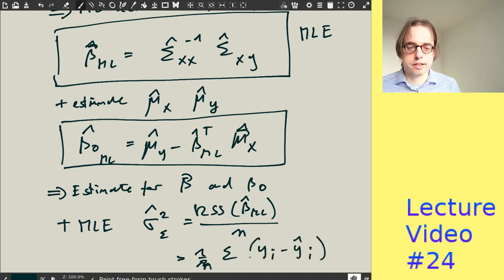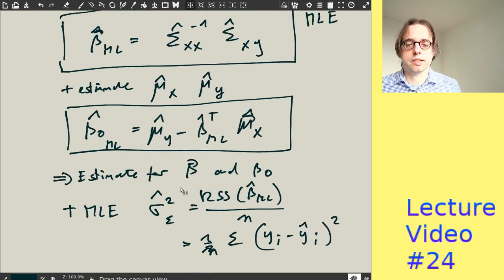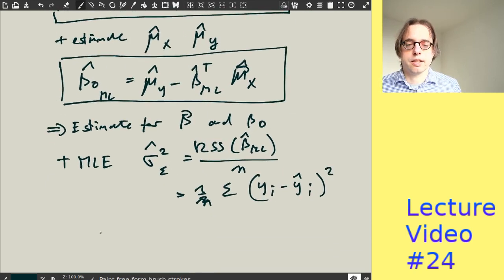So the residual sum of squares divided by the number of samples is simply the ML estimate of the variance of the noise.